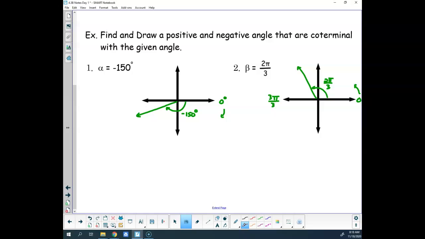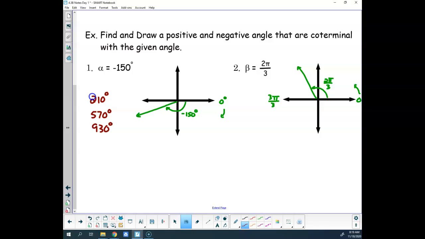For negative 150 degrees, what's a positive coterminal angle? Anybody? 210 degrees. Anybody come up with another positive? What about 570? 930. That's the next three.